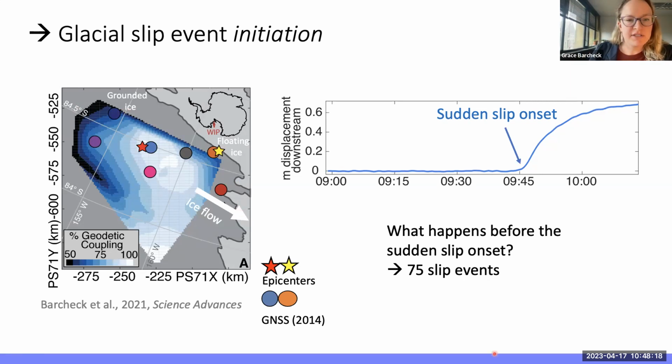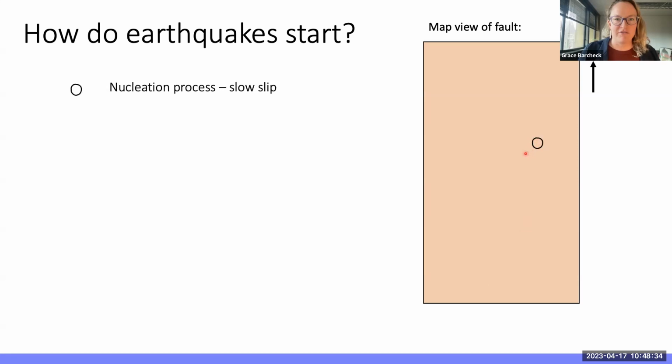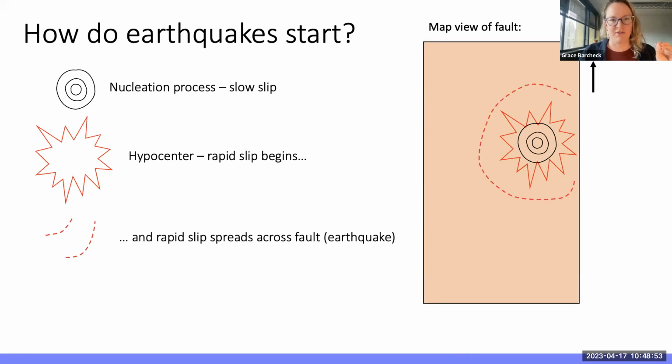Okay, but first, let's pause for a moment and review how we think earthquakes start. In the classical nucleation theory of earthquake initiation, we might expect that we have some fault, and somewhere on the fault a region of slow slip starts and slowly expands in the same location, maybe gathering speed, until it reaches a critical size where the slipping region starts to expand unstably, an earthquake is born, and the rupture spreads across some region of the fault.